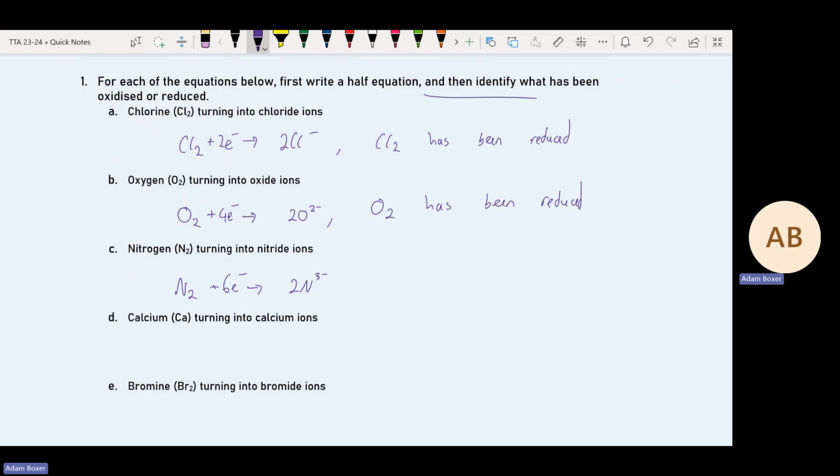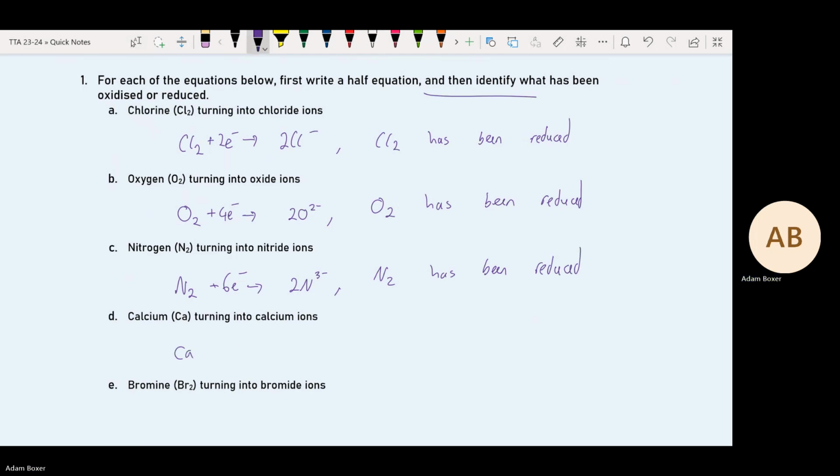I'm going to have 6 e minuses over there. N2 has been, again, reduced. In this case, I've got Ca turning into Ca2 plus. So I'm going to have my 2 e minuses over there. So Ca has lost electrons, so it's been oxidized.